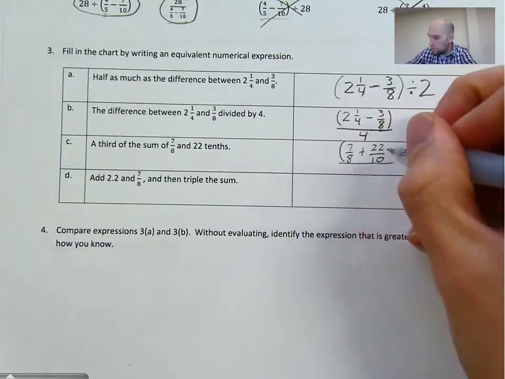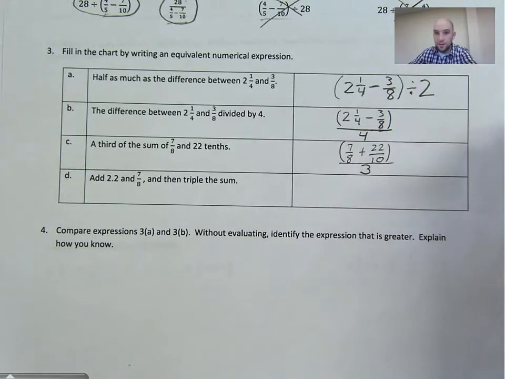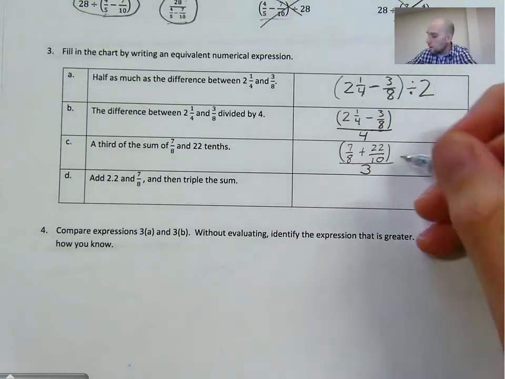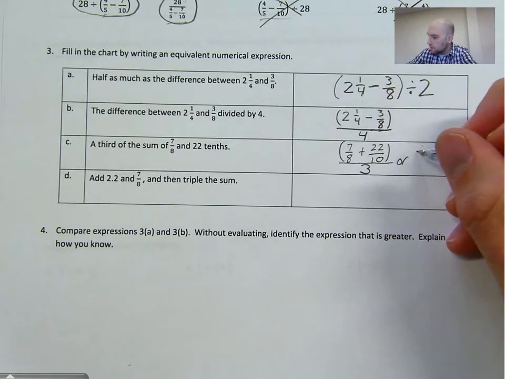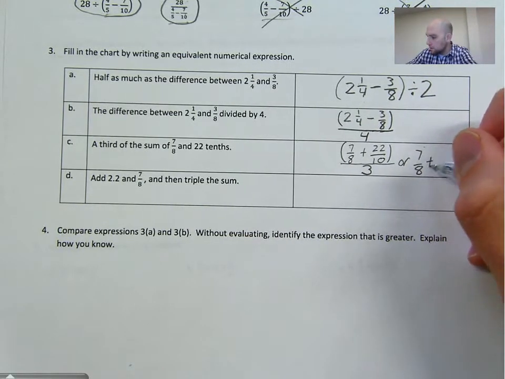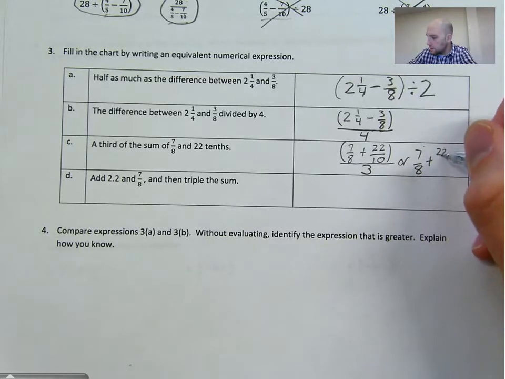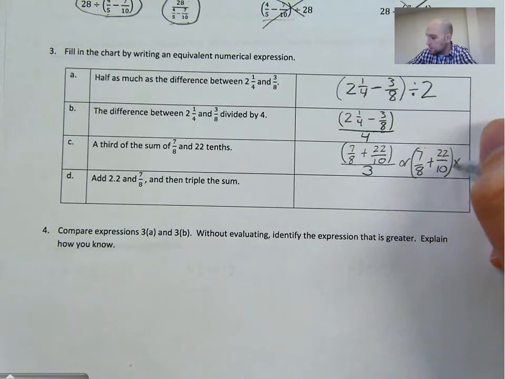Then we do 1/3 of that. So we could do divided by 3, or we could do 7/8 plus 22/10 times 1/3.